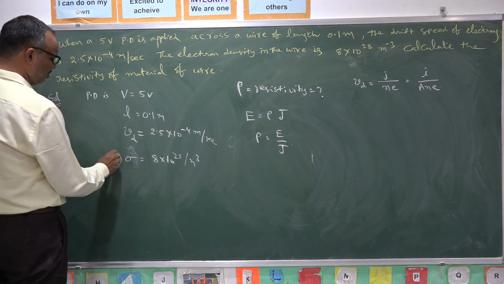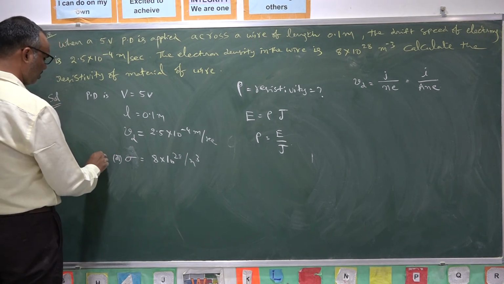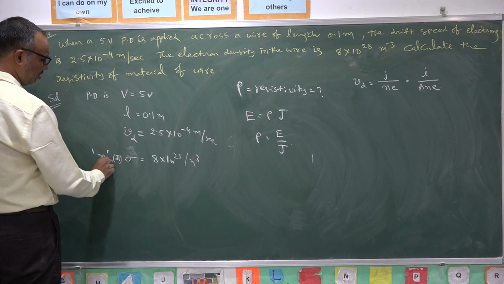In some books they represent it with sigma, in some books with N. Better you go with N.